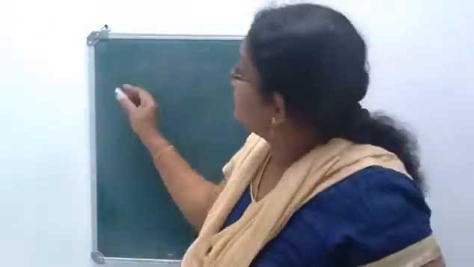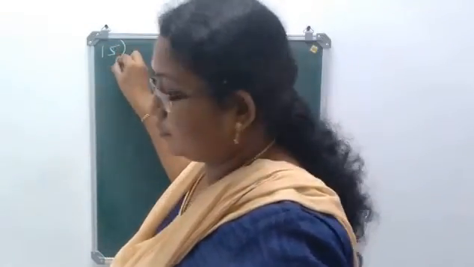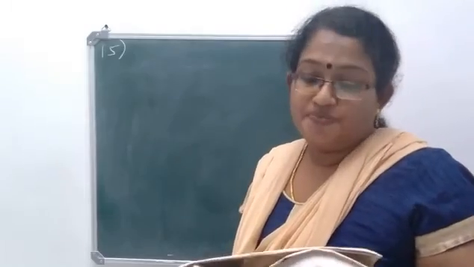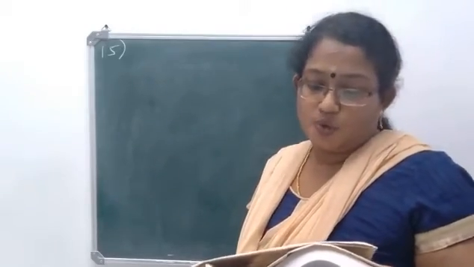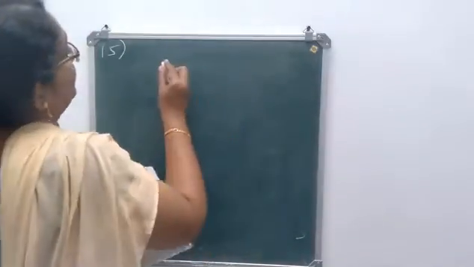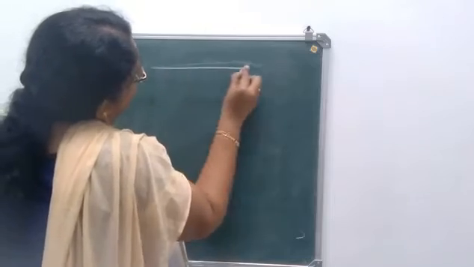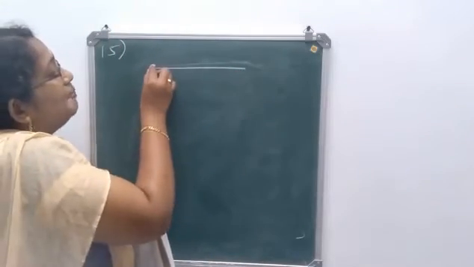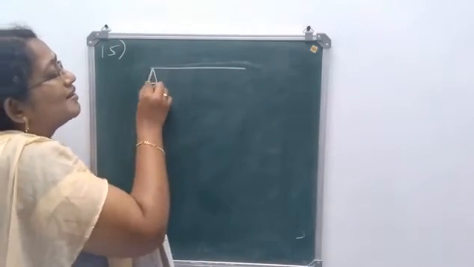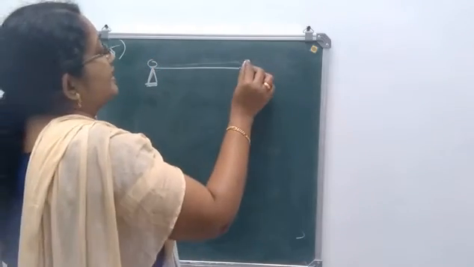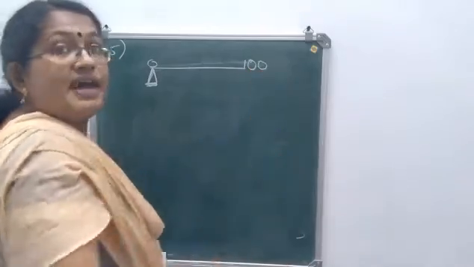Now question number 15. A uniform meter rule of weight 10 gram force is pivoted at its zero mark. So we have a uniform meter rule, here we have 0, here we have 100.